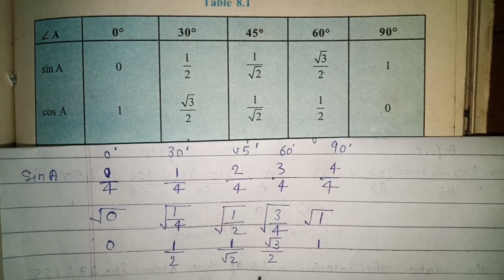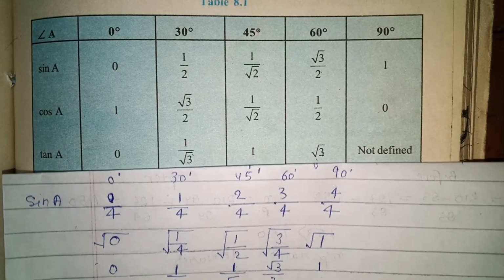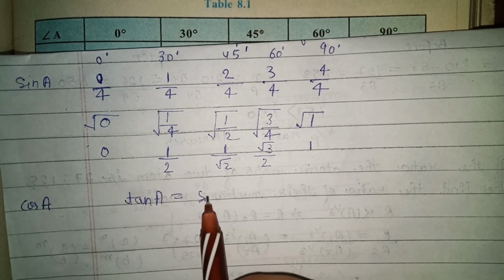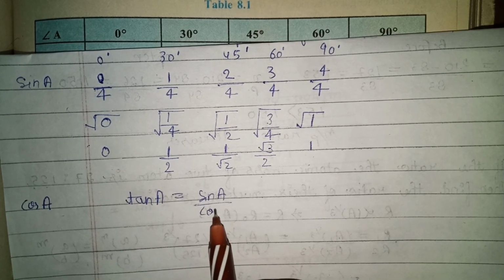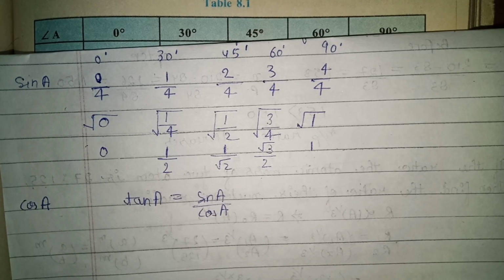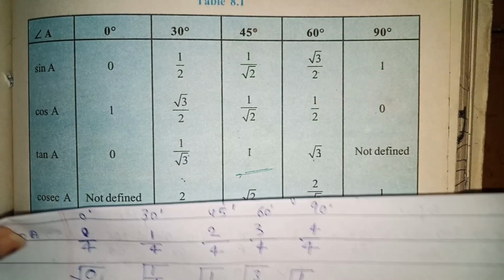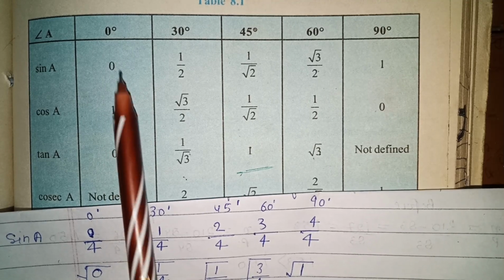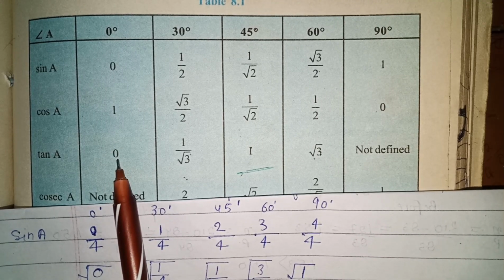Now moving to tan. We already know the formula which says that tan A is equal to sin A upon cos A. So similarly here we have to do the same thing. For tan A values, if I divide sin A by cos A, I will get 0 upon 1, that is 0.